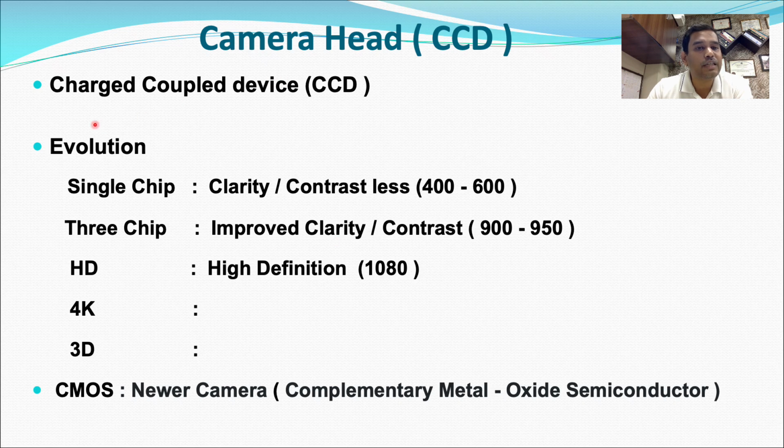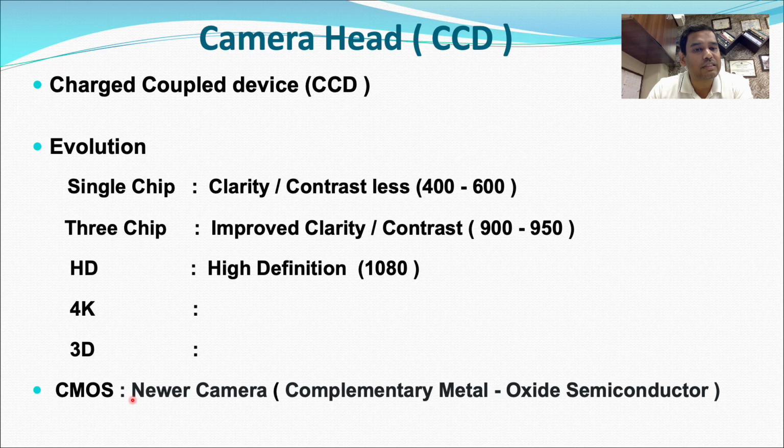Camera head is basically called a CCD, that is charge coupled device. It has evolved over time. Initially it was a single chip camera which had a little less clarity and the contrast ratio was also less. Over time it has evolved from single chip to three chip, which improved quality, clarity and the contrast. Now we have HD, high definition, 4K and even 3D telescopes.